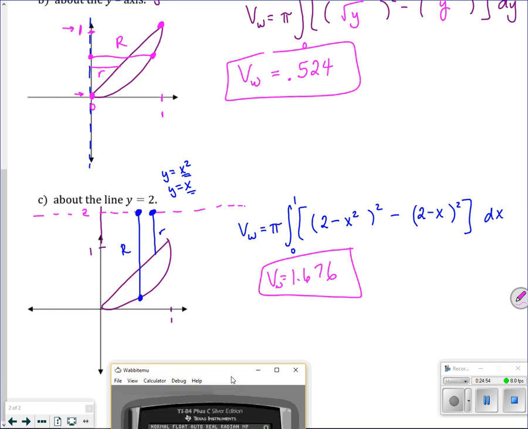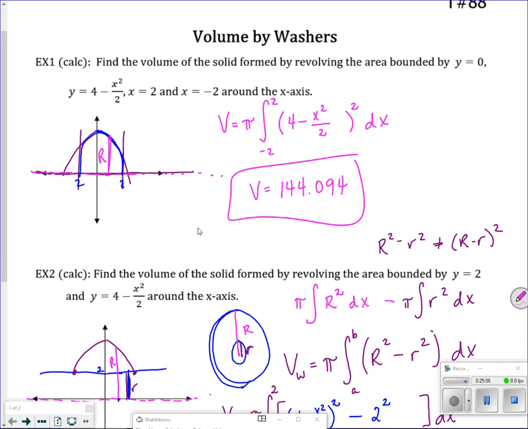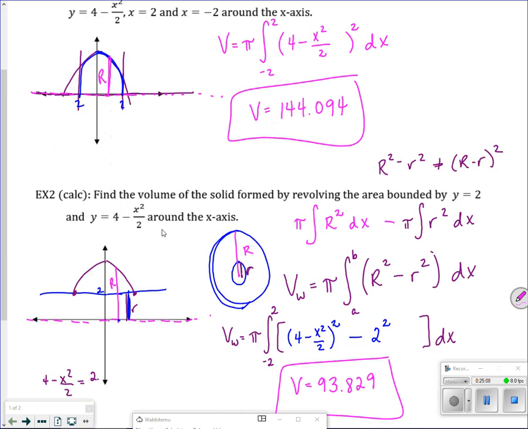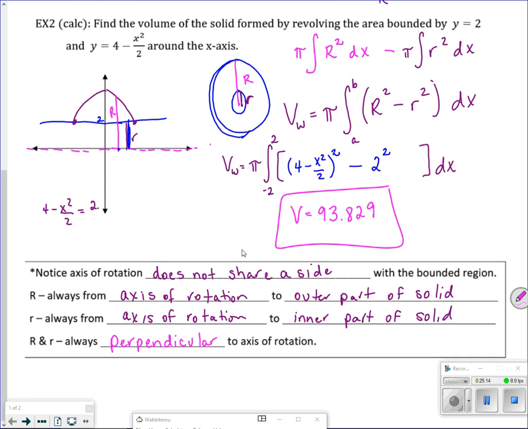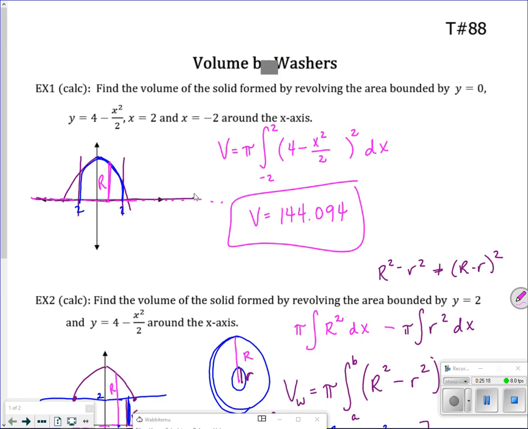So what I want you to see, again, is that you do the setup, and I'll be honest, if I go back to my very first page, there are some people that actually just memorize the washer formula because they go, wait a minute, if it ends up being a disk, and some teachers just teach the washer, because if they share a side, what would little r be?